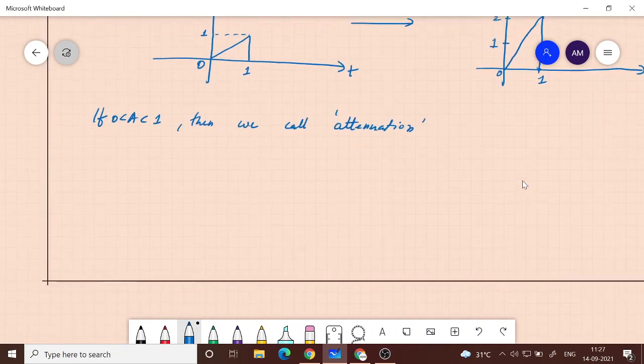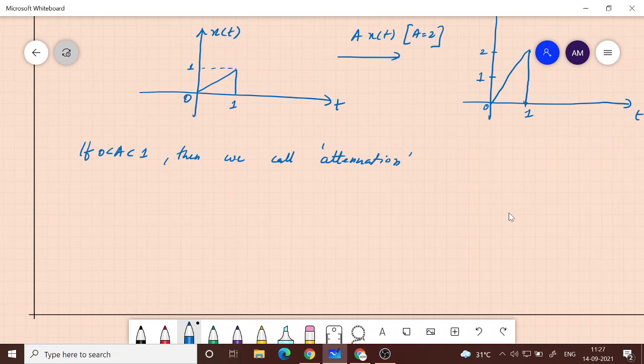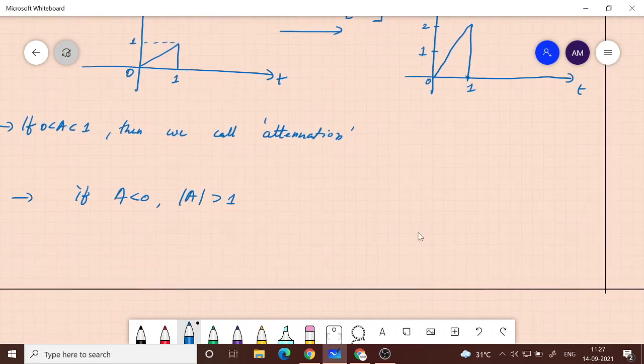Now a can be negative also. So another case, if a is less than 0 but the magnitude of a is greater than 1, then it is called amplification with inversion.